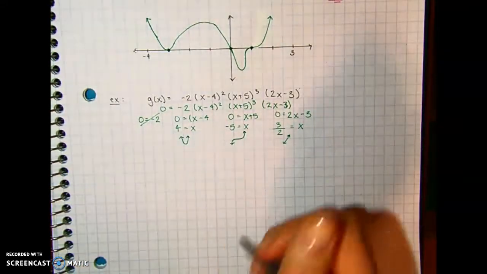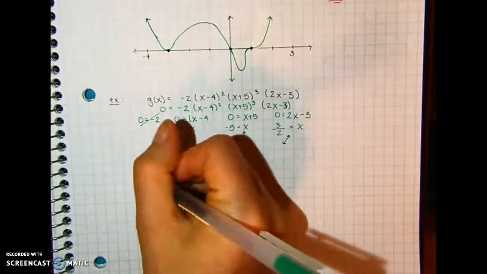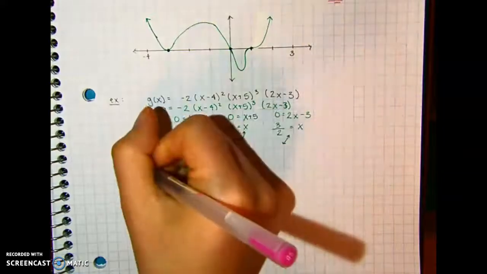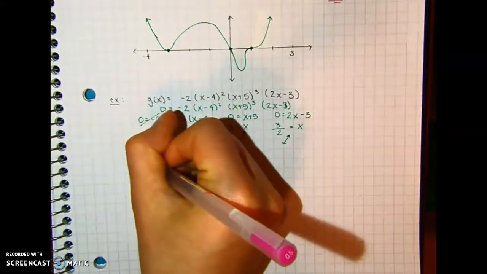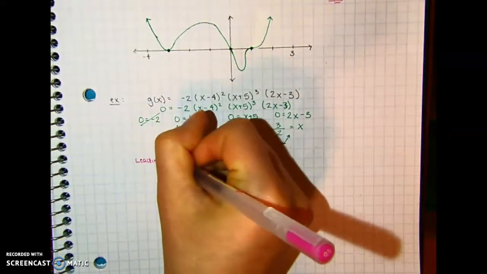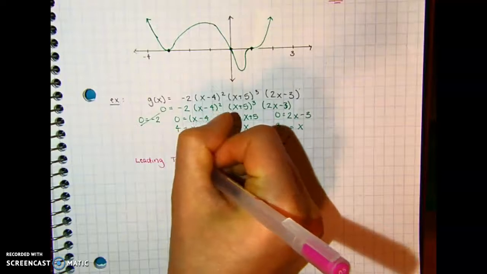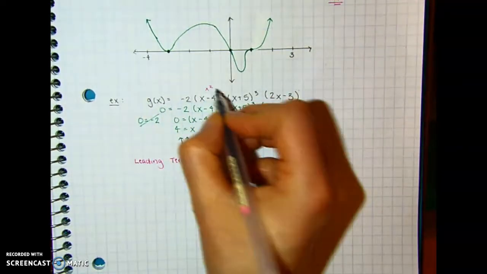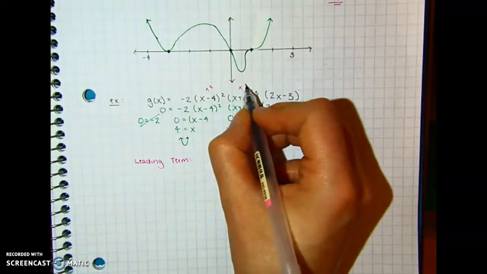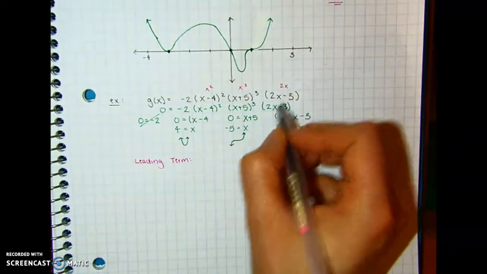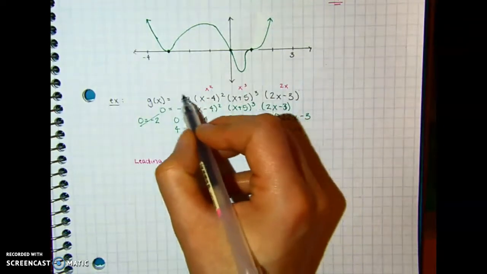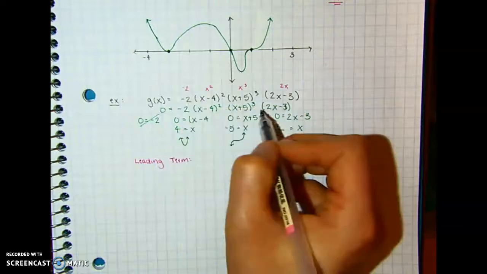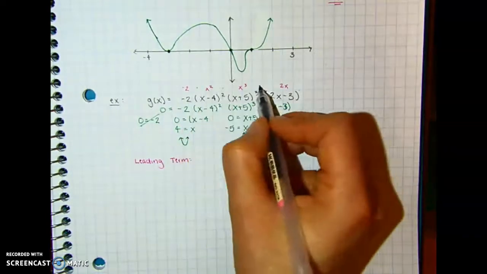So now I need to do the leading term test. So if you want to figure out the leading term, right, you can think, okay, so this will end up being x squared, this will be x cubed, and this is just 2x. You do have to take this negative 2 into account, and then multiply them all together.